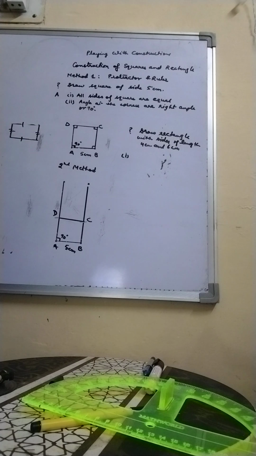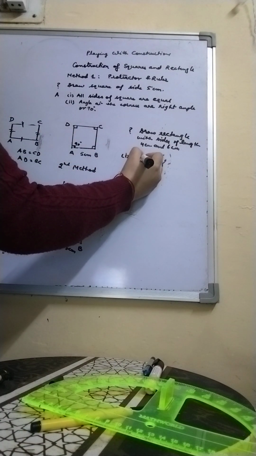Okay. So A, B, C, D, if it is this, then AB is equal to CD. Opposite sides are equal and AD is equal to BC. These two sides are equal. Not all four sides are equal. This you have to remember.